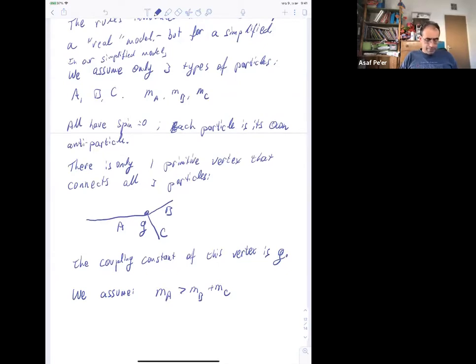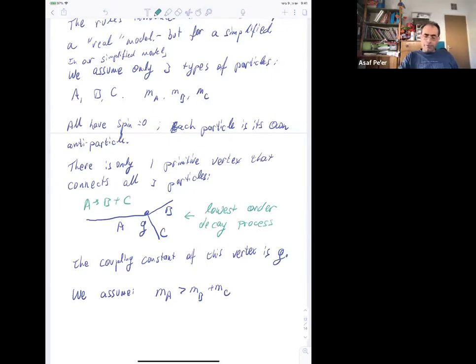So what we have here can represent the lowest order decay process: particle A decays into particle B plus particle C.